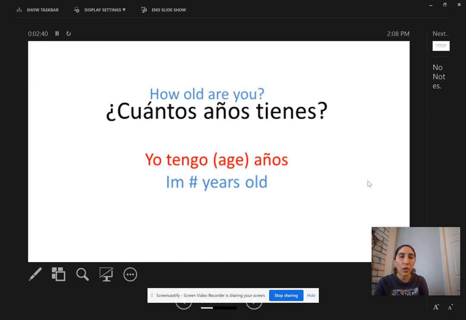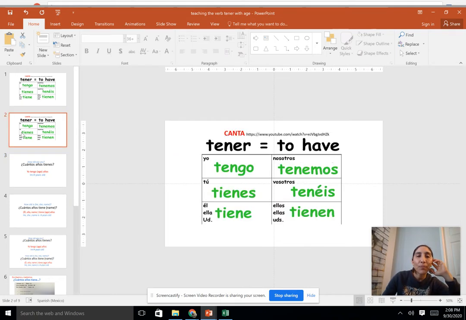You guys learned this question. How old are you? Which is ¿cuántos años tienes? Yeah. And you notice, wow, that doesn't make sense. You probably think, when I say my age, I say I am 20, 13, or 14 years old, right? I am. So that to me sounds like to be, right? Well, here's the situation.